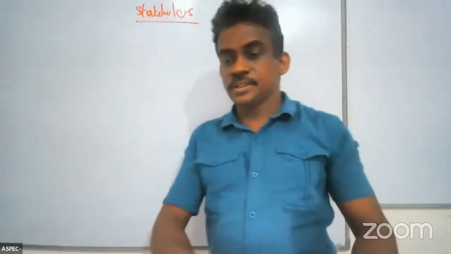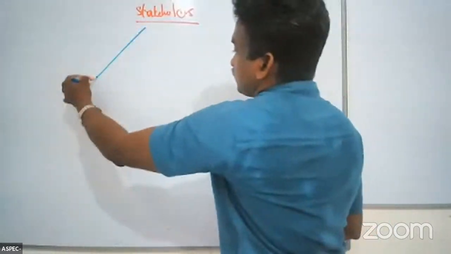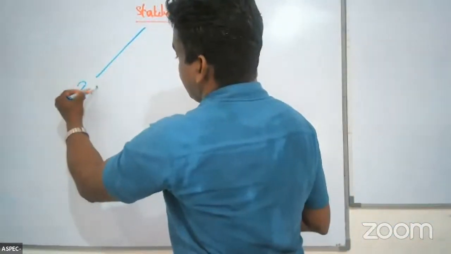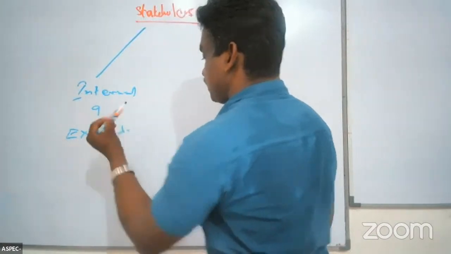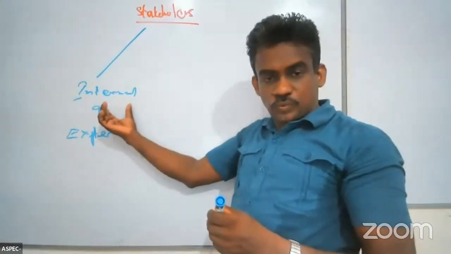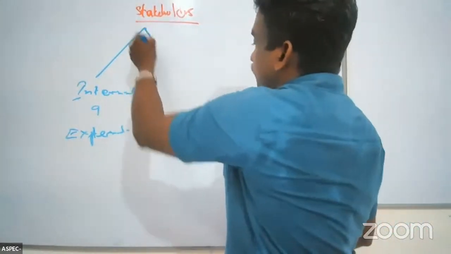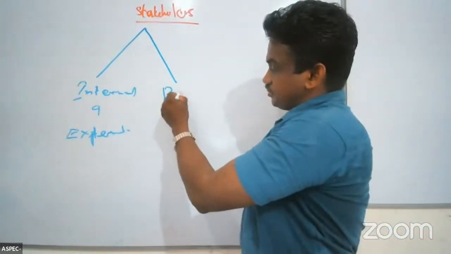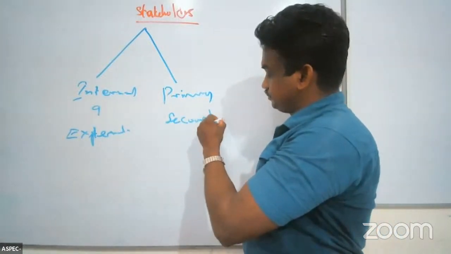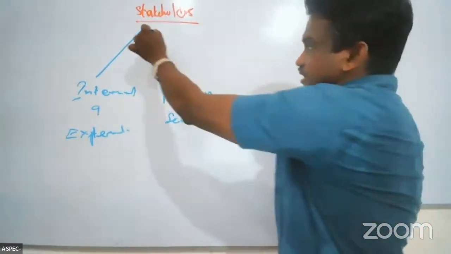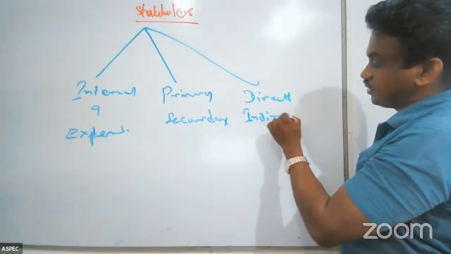Generally, all the stakeholders we can categorize into two parts: internal stakeholders and external stakeholders. Then another classification: primary stakeholders and secondary stakeholders. Another classification: direct stakeholders and indirect stakeholders.